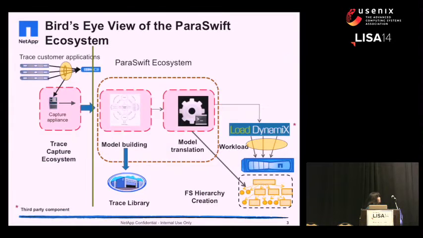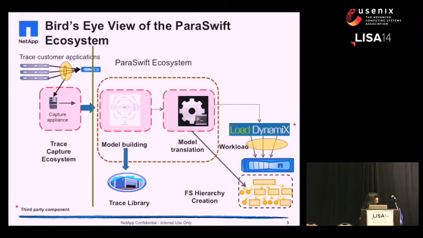So this is the bird's eye view of the ParaSwift ecosystem that we built. I have a green line which separates what we have in the paper, what we already have in our research team, which is based out of RTP, the Raleigh. These are the compute servers in the data center, or the VMs, or the applications.